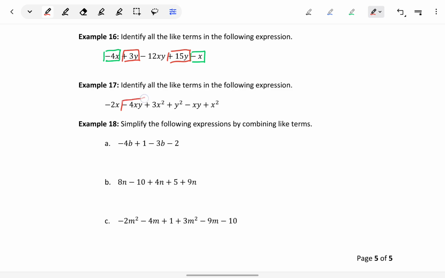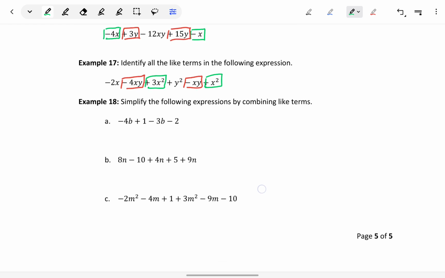If we look at minus 4xy, there is another term that has x times y. So negative 4xy and minus xy are like terms. And plus 3x squared and plus x squared are like terms. But y squared is also left alone. There are no other terms that have exactly y squared as that variable component.